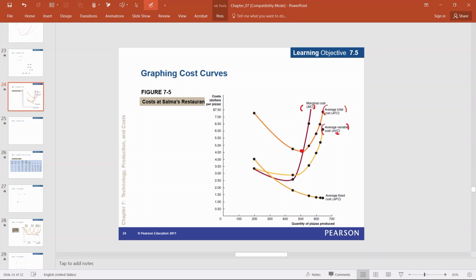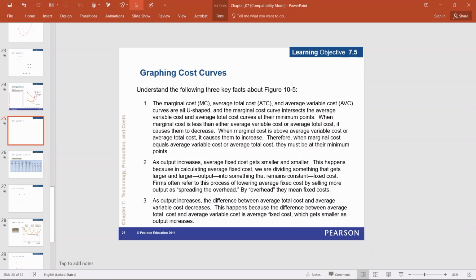The rest of the explanation is similar to what we said before. At the minimum levels of the curves, the marginal cost will intersect them all. So all what we said before is explained here. And as I said, it could come in multiple choice questions.